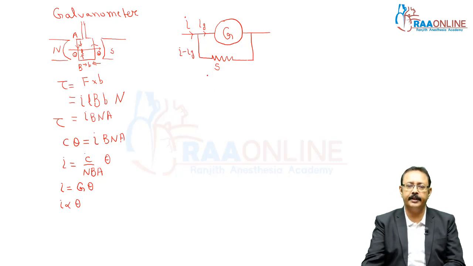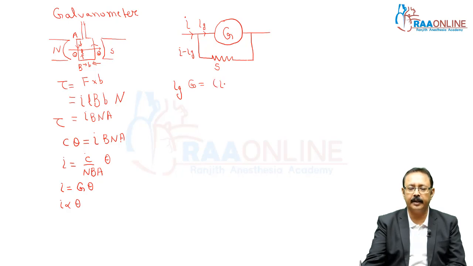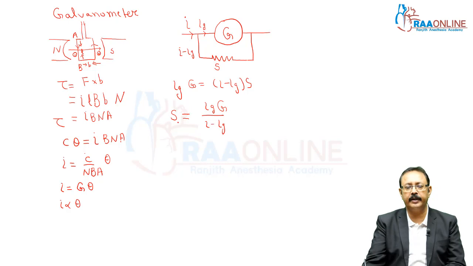Since S and G are in parallel, the potential difference for both should be the same, and V is I into R. So Ig into G is (I minus Ig) into S. If you know what current your instrument needs for full scale deflection and what current you want to measure, you can calculate the value of the shunt.